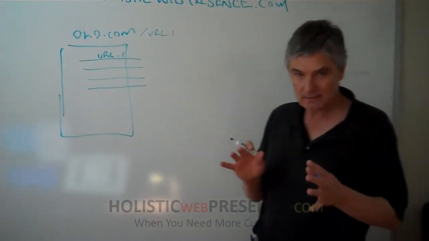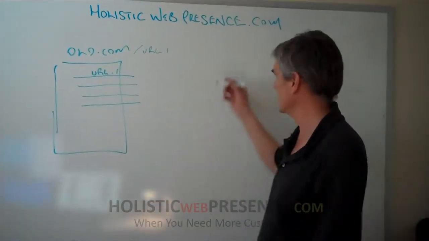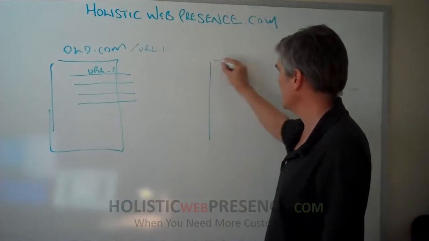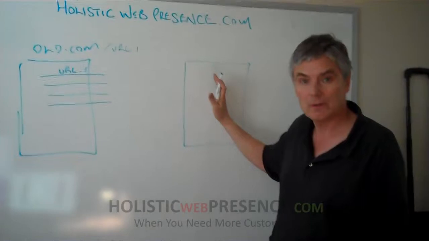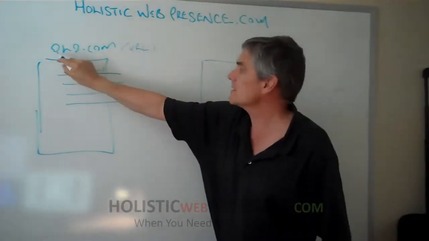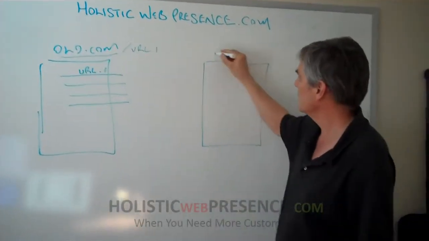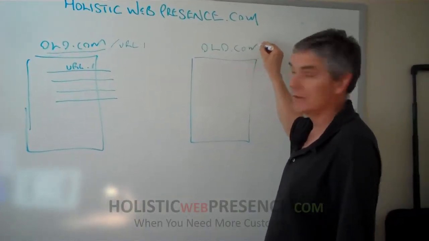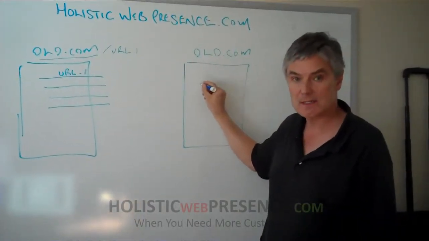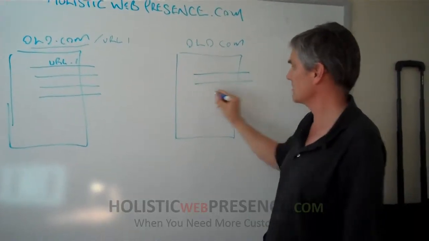So what happens then is they contract with a web development company. The web development company then, somewhere else on one of their servers, builds the new website. They keep the same domain, so this is still old.com. So that's fine. But then what happens is they create a whole bunch of new pages.